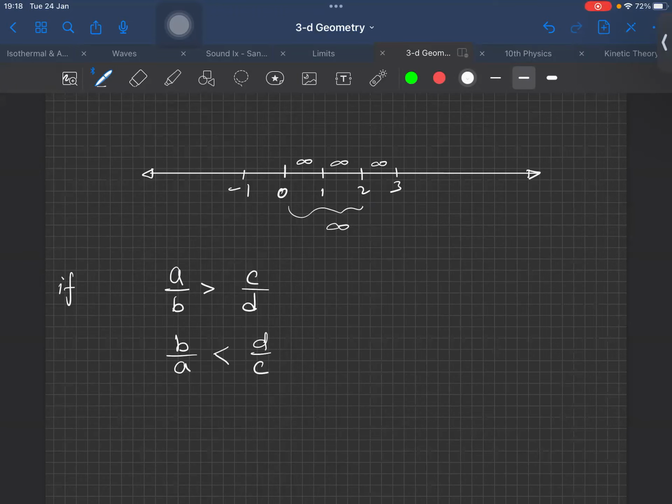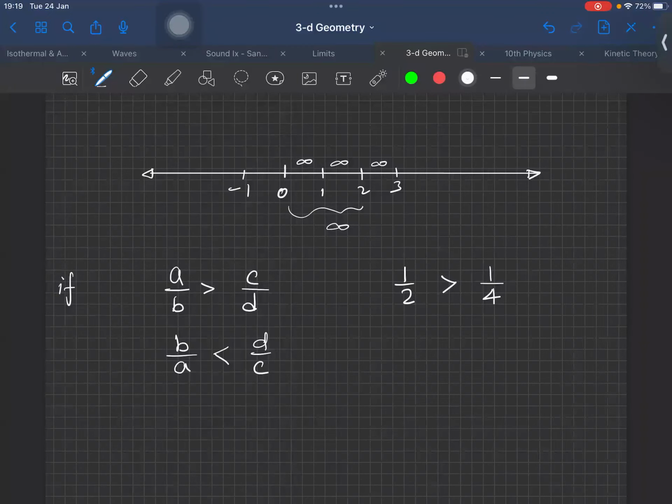So the sign changes, the greater than becomes lesser than. Let's prove it using an example. 1 by 2 is greater than, let's say, 1 by 4. Of course, 1 by 2 is greater than 1 by 4.